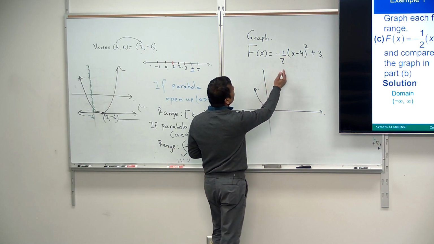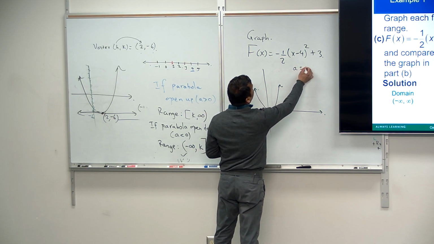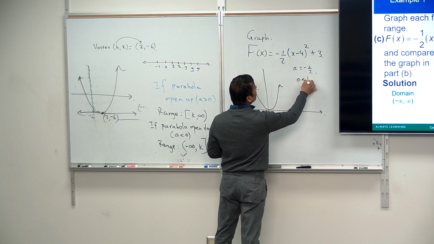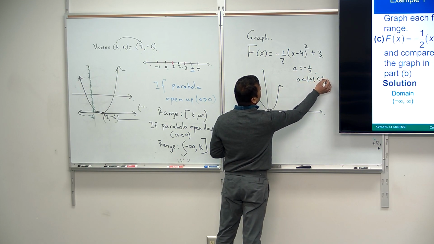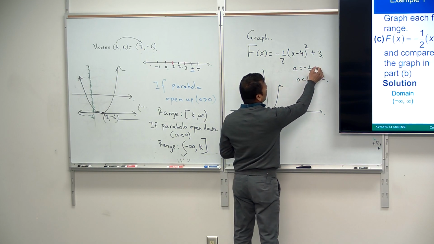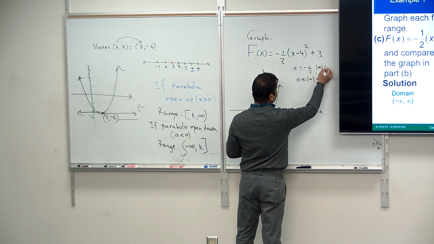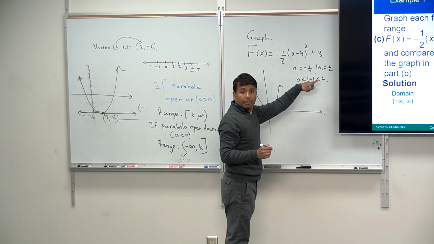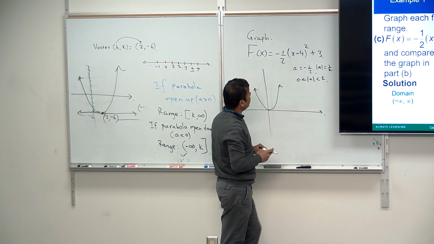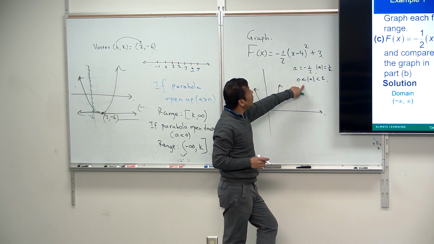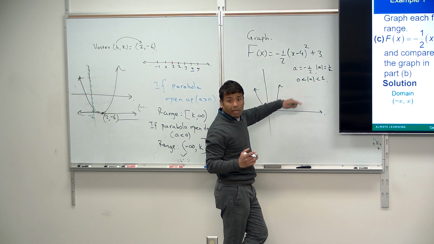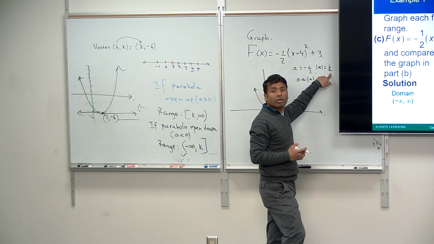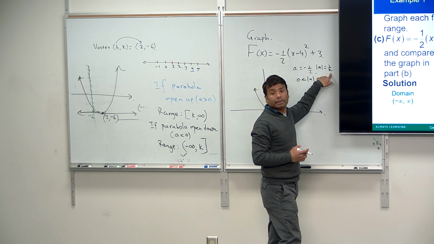And now what is the value of a here? So the value of a is -1/2. Now remember, if 0 is less than the absolute value of a is less than 1, what is the absolute value of a? Absolute value of a here is 1/2. Is that right? So if this is the case, your graph will vertically shrink by a factor of 1/2.